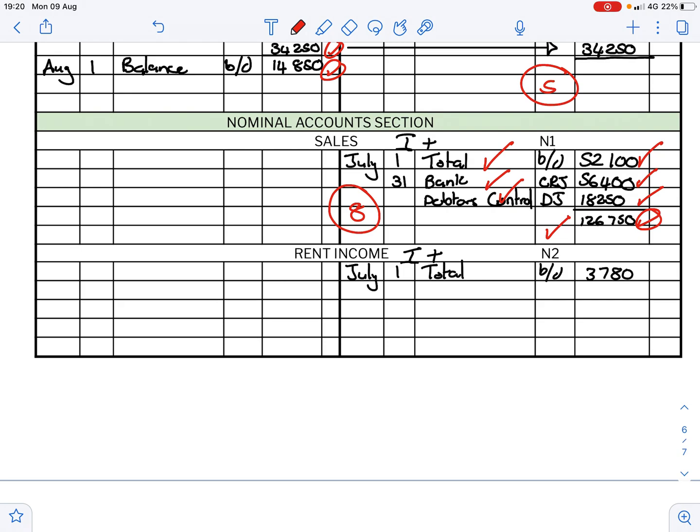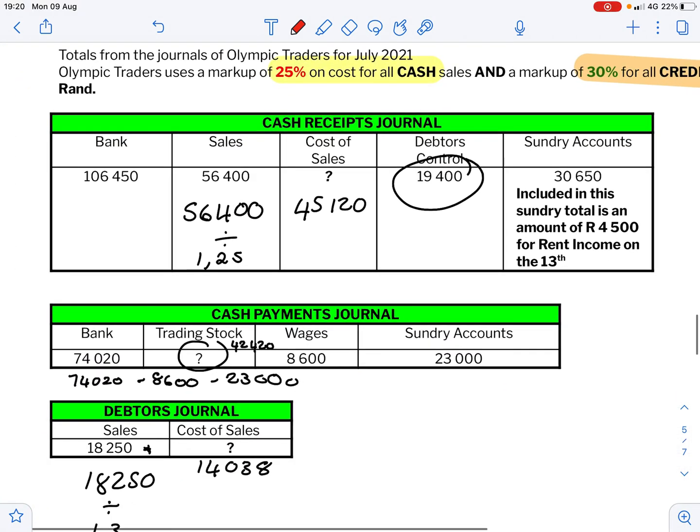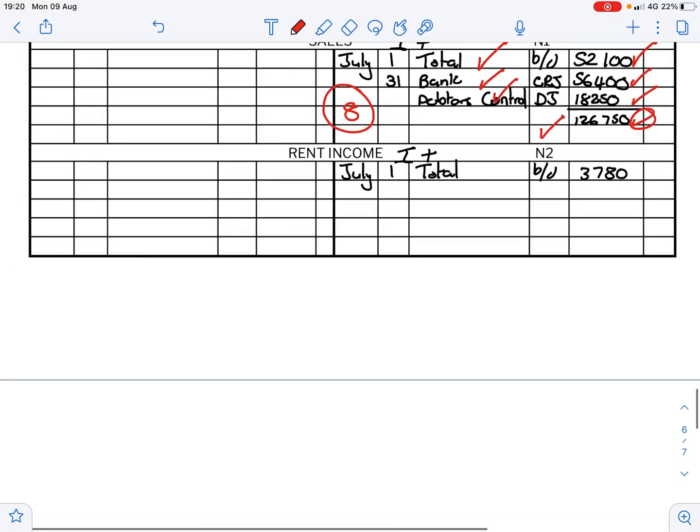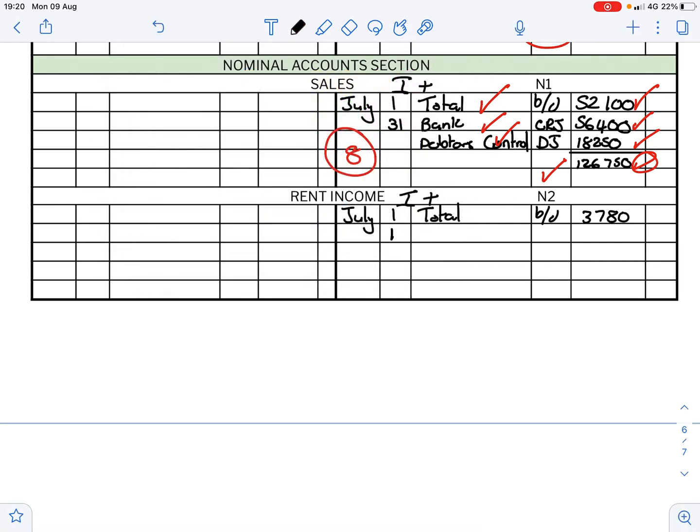Okay, our last one was a rent income. If we go to our CRJ, they tell us that rent income was on the 13th. It was in the sundry accounts column, so it does not have its own column. We use its own date. The contra account there was bank. We are actually receiving that money in our CRJ, and the rent income for that month was 4,500 Rand.